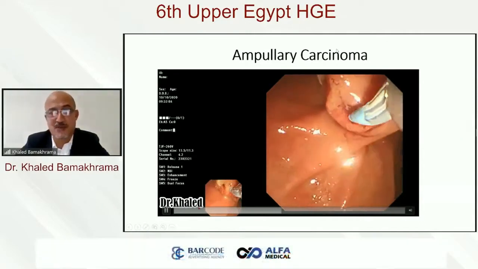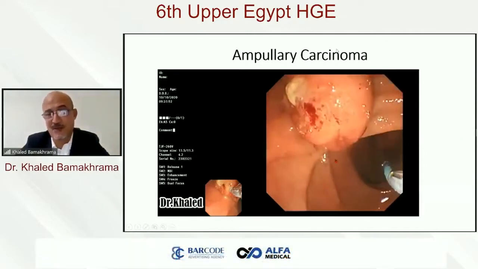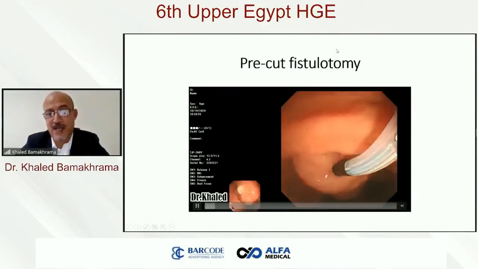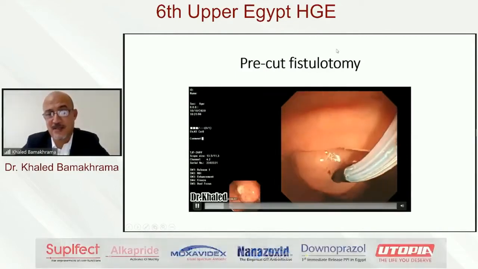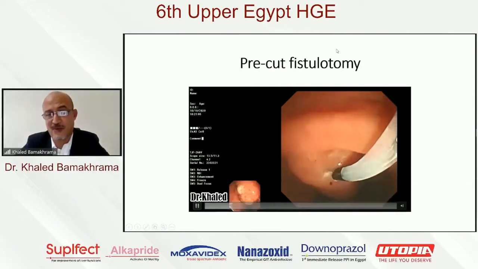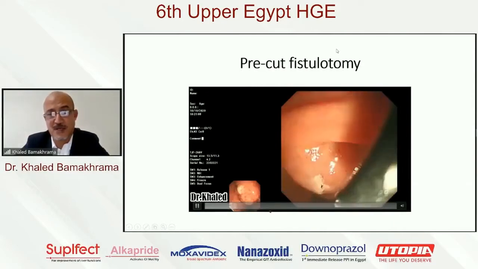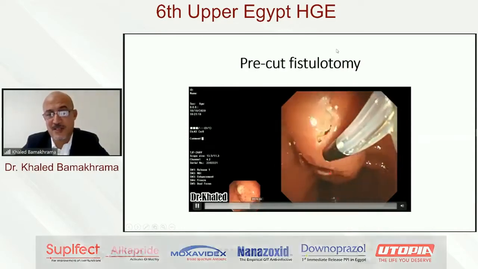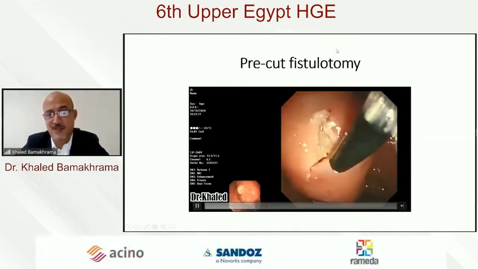So I went to the proximal part of the papilla with the pre-cut fistulotomy. Again, this part is soft, and that's why I prefer to go with such a maneuver. And you can see downward directions, and then I tried to go proximally to the upper part.